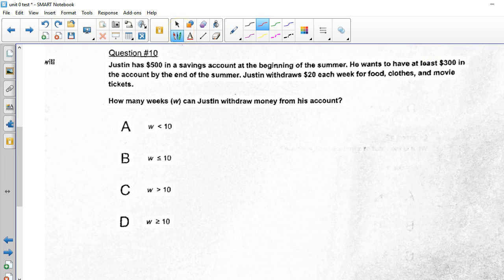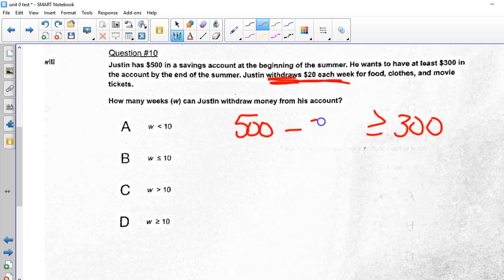Let me focus. Okay, so he has $500 at the beginning of the summer, and he wants to have at least, that means that much or more than 300 at the end of the summer. So he has $500 in his account, and he withdraws or takes away $20 each week. How many weeks will it take for him to reach his goal? Well, let's subtract 500 from both sides.